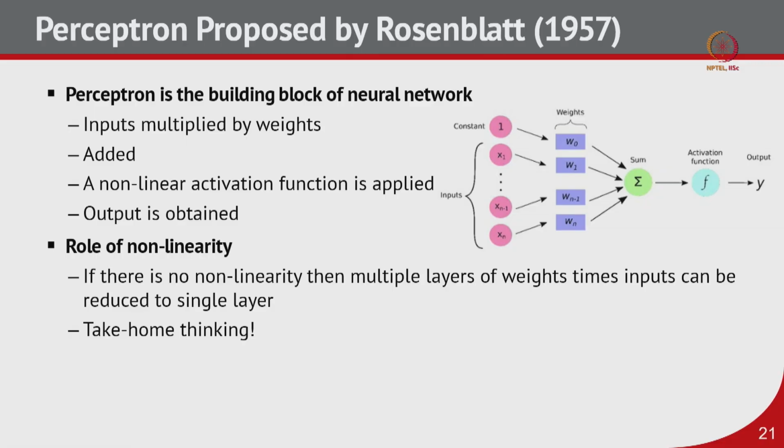In this case, the perceptron also has inputs, and those inputs are nothing but features, right. The features are appended with something called bias, which is nothing but a constant 1, and then we have some weights. Let us say there are a total of n features, then we have n plus 1 weights, from W0 to Wn, including the constant bias.